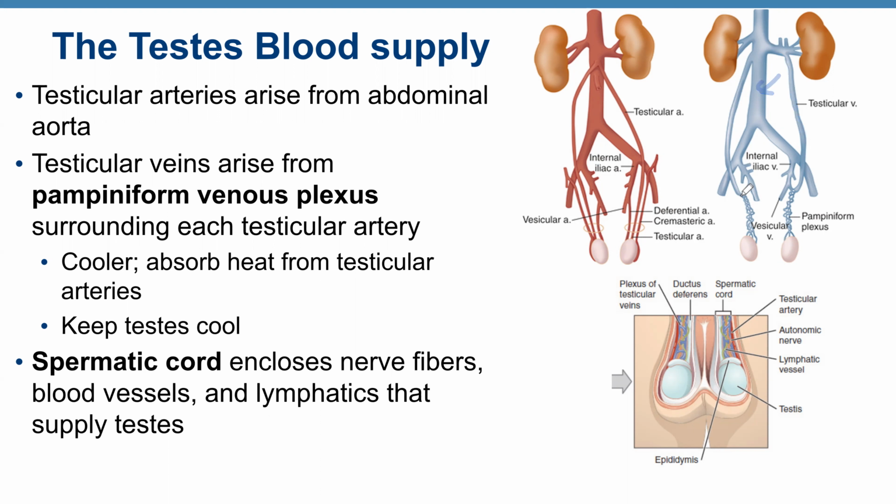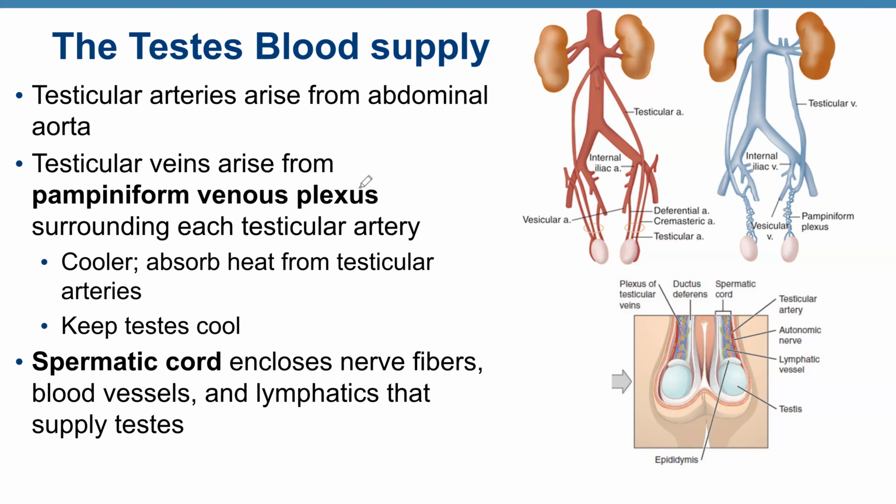It's interesting over here how the right testicular vein connects to the inferior vena cava and the left testicular vein connects to the renal vein. All right, so kind of like no symmetry over here.